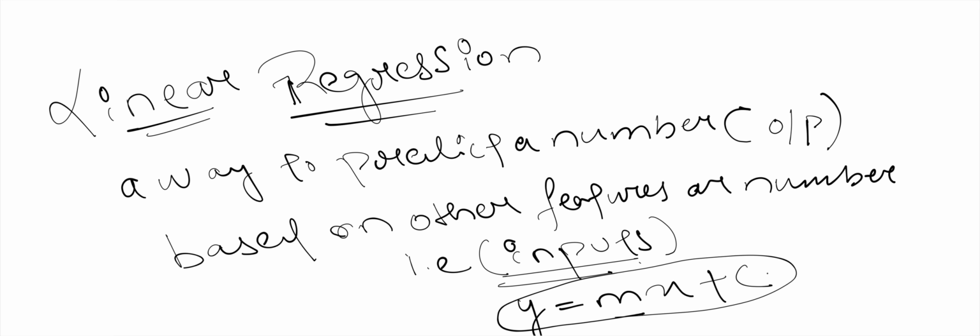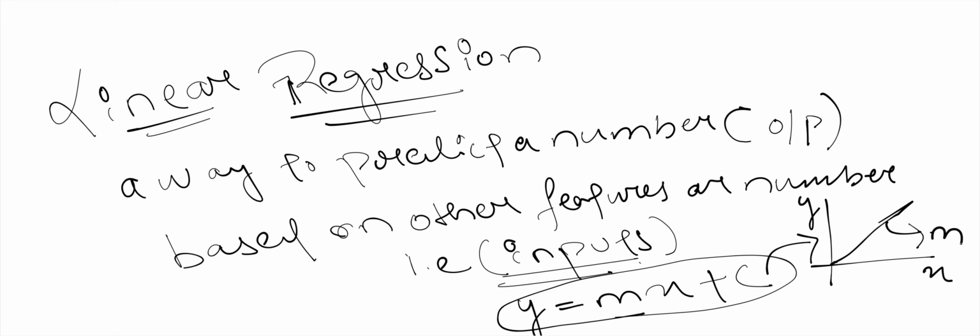Most of us have seen this equation in our mathematics during high school. It's a basic line equation. This is what it looks like. This is y, this is x, this is our slope m. That's what a linear equation is.